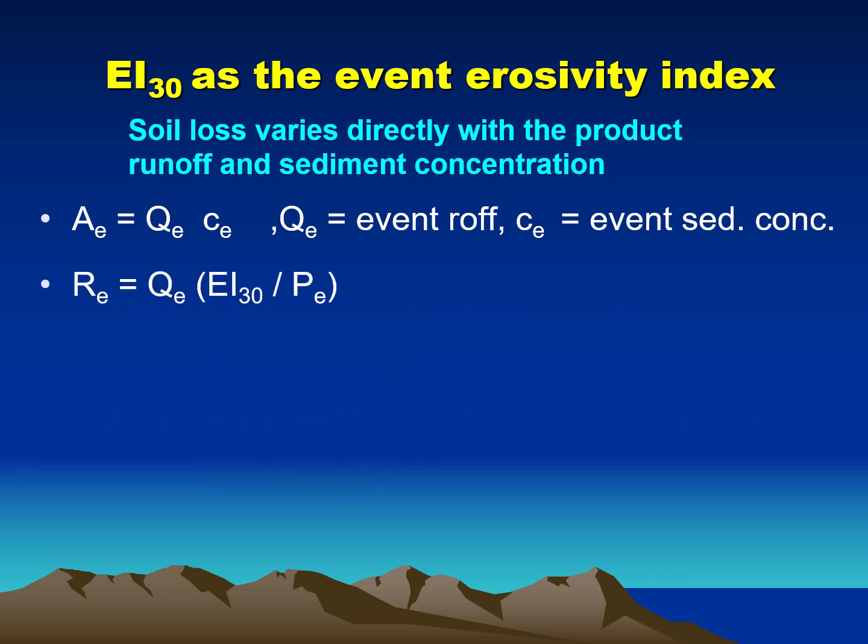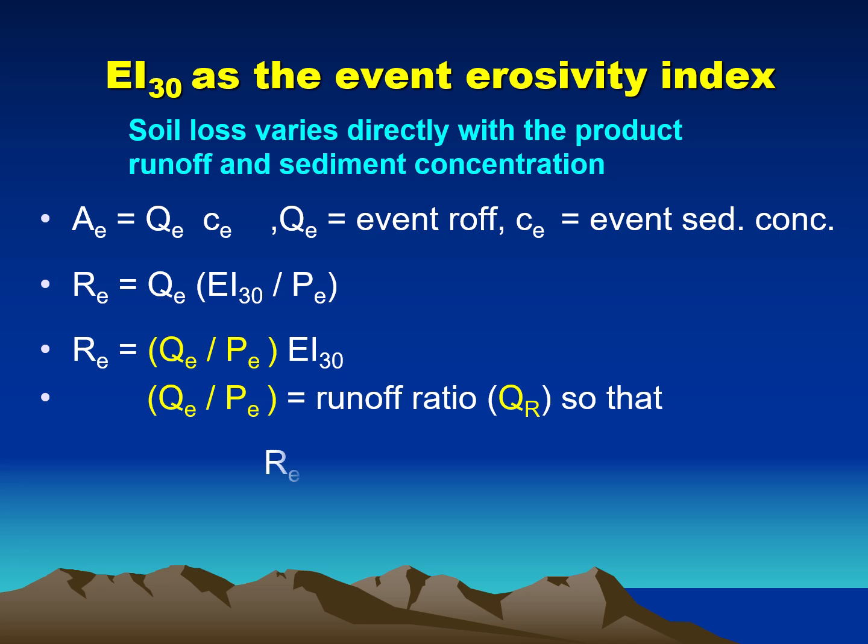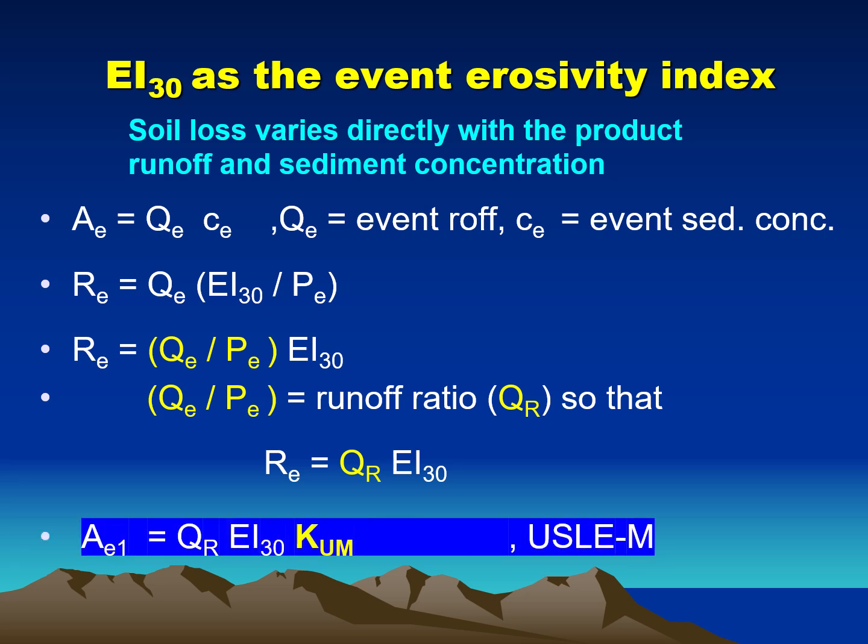You then get this event erosivity index, which you can rewrite so that the event erosivity index is QR, the runoff ratio, times EI30. And that is what's used in the USLEM. Note that you have to have a change in the erodibility index to account for that change in the erosivity index.